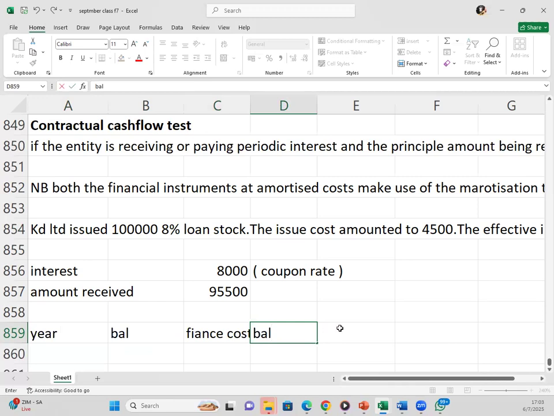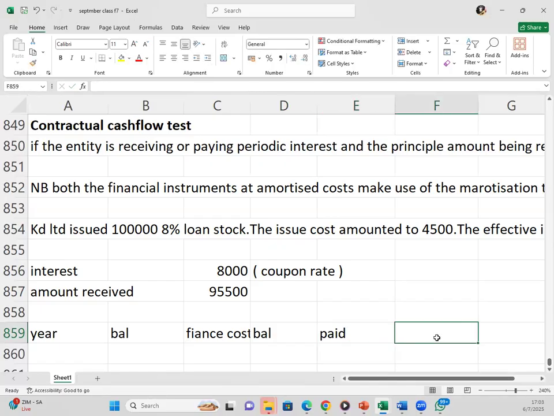We have the balance, amount paid, then the balance.